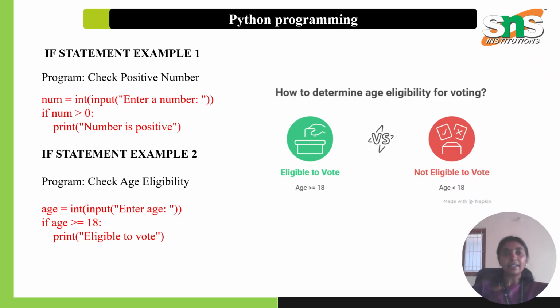If the number is greater than 0, print number is positive. Here there is no else statement. If the condition is true and you give input 1, it will print number is positive. If you give the input -1, it won't print anything. This is known as a simple if statement.